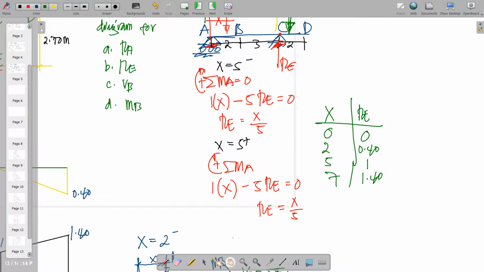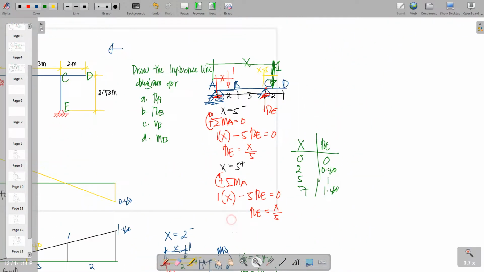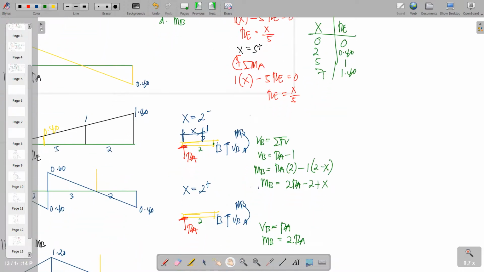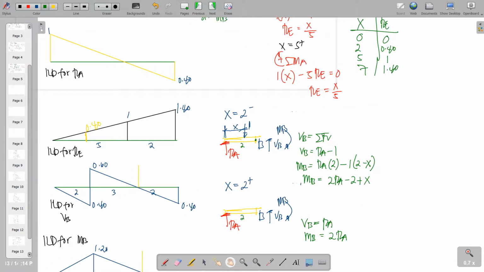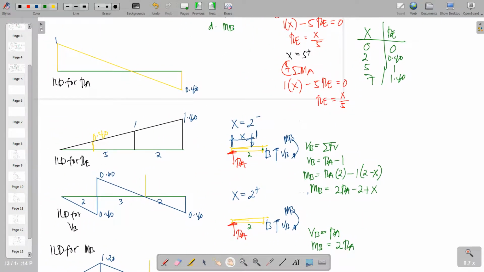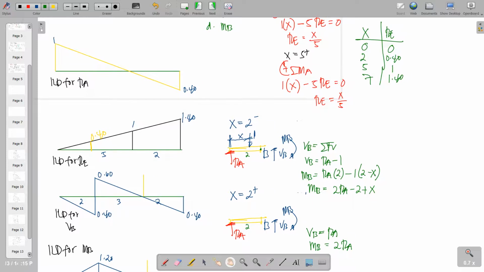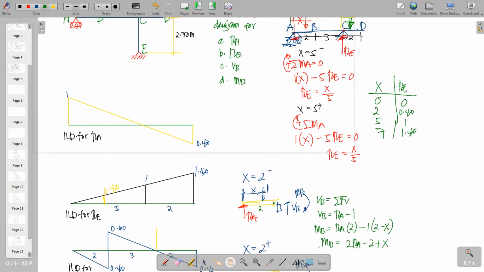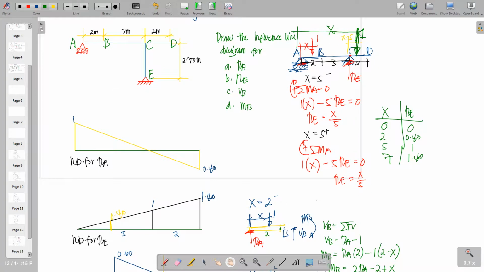So if we need to tabulate that one, perhaps we can utilize our tabulation a while ago. It was erased already. Anyway, we'll just refer to the ILA here. So what do we need? We need the value at 2 meters for RA.